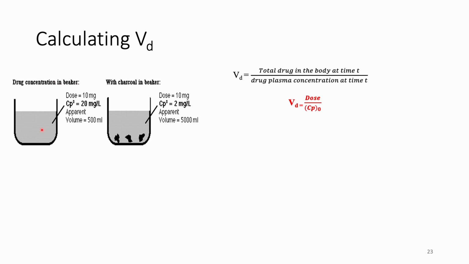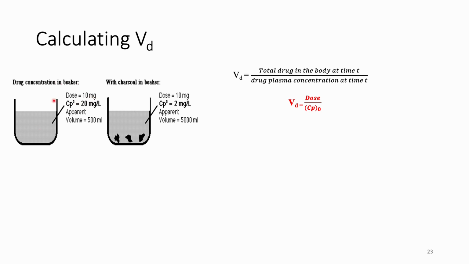Based on the definition we just mentioned, volume of distribution is a hypothetical volume in which a concentration of drug is distributed. Suppose this is a body, and the drug is given to the body at a dose of 10 milligram.